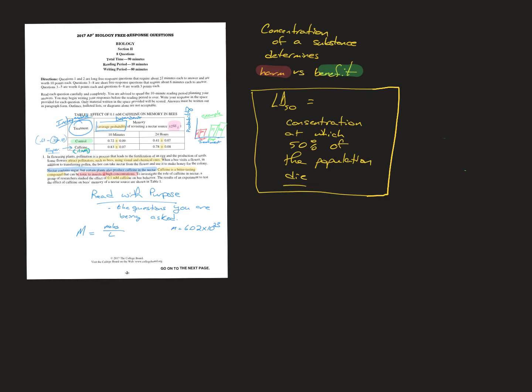It's not necessary to understand all this for this problem, but I don't know what kind of question they're going to ask you on your particular AP exam, so it's good just to give you a little background. Again, this would be more for AP Environmental Science, but it's still a good idea to have some concept of what it means for a drug to be deadly.